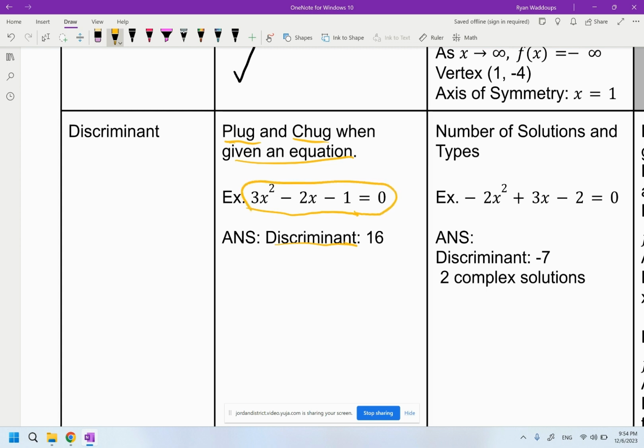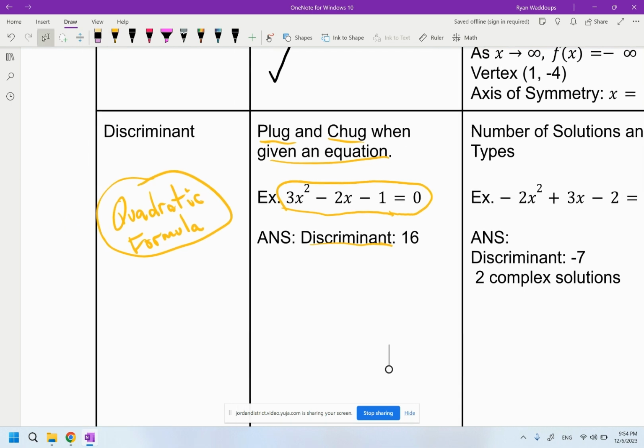That's the standard form that we're looking for. And so I can say that the discriminant, or I'm sorry, this all comes back to what we call the quadratic formula. And the quadratic formula is this, and I like to sing it to help you remember.